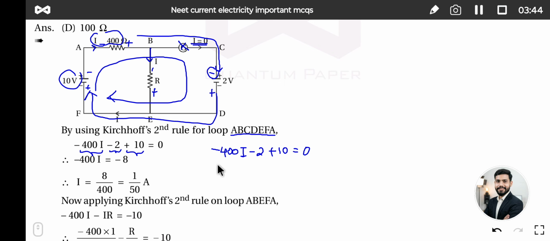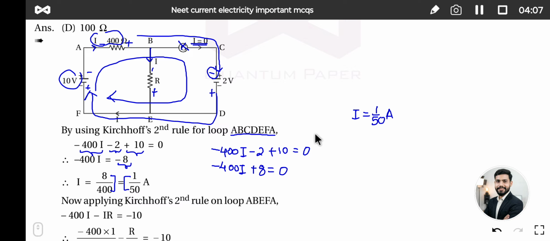Minus 2 plus 10 is plus 8. If we take this plus 8 to the other side, it becomes minus 8, and minus 400 will go in the denominator, so minus minus gets cancelled, so 8 upon 400, which is 1 by 50. So the current I is equal to 1 by 50 ampere.